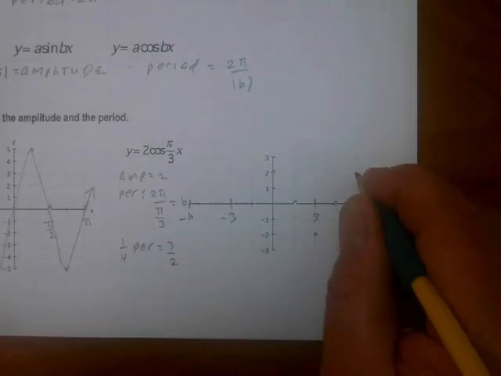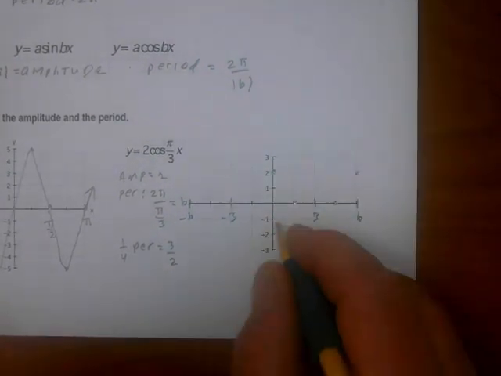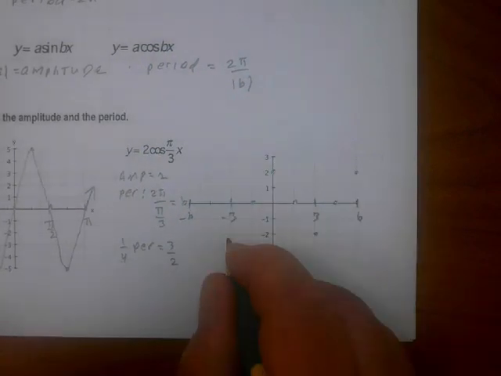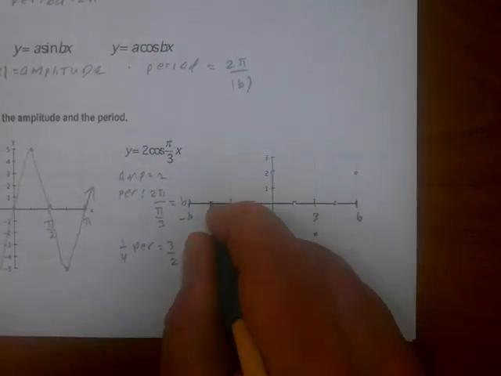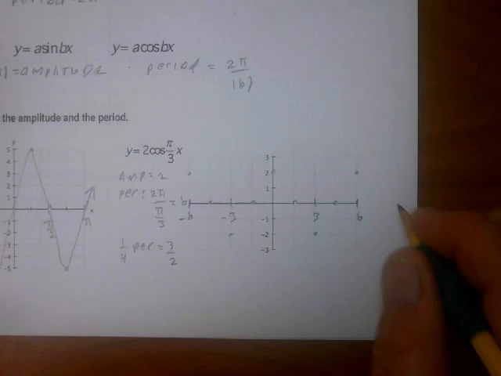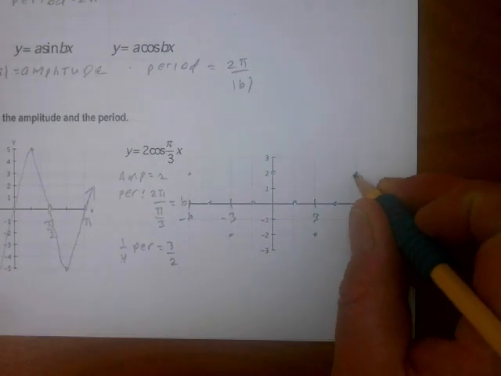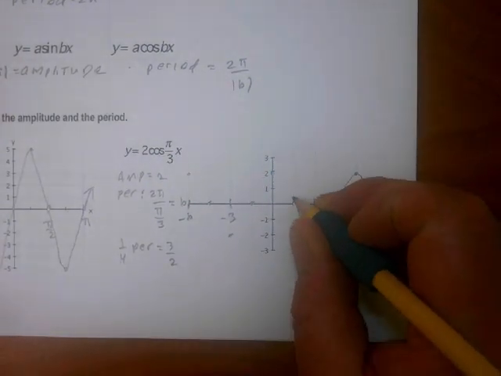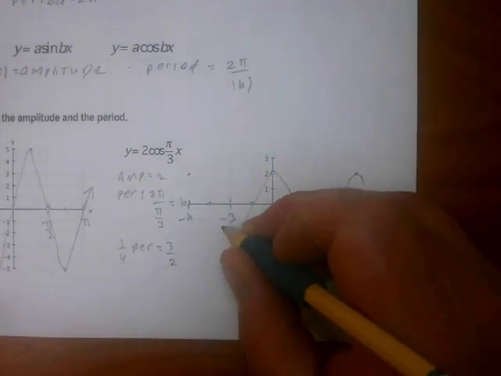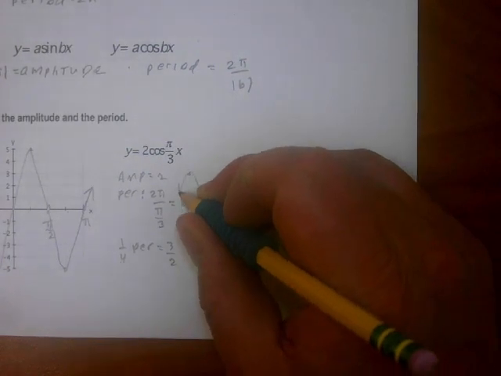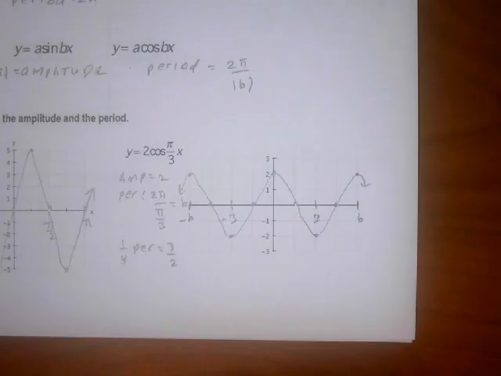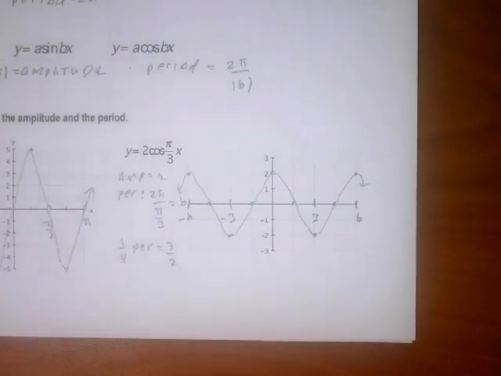At 3, I'm going to be at negative 2. At 4.5, I am at 0, and at 6, I'm at 2. And then let's repeat this on the other side of the y-axis. So this is what your cosine curve is going to look like based on those conditions.